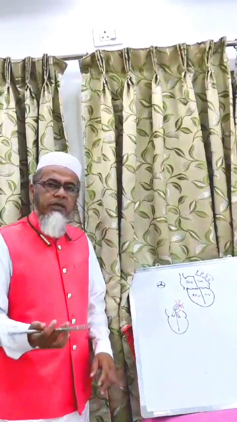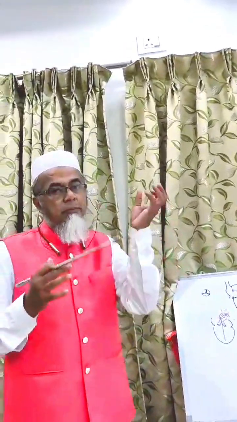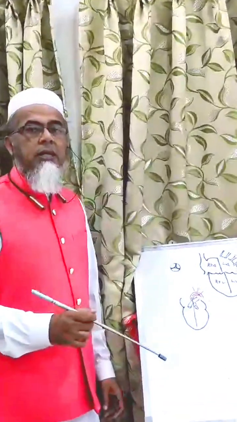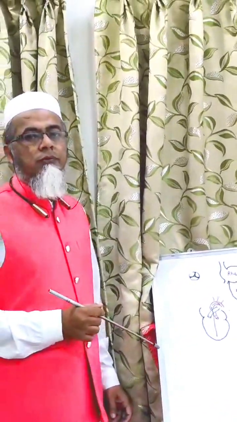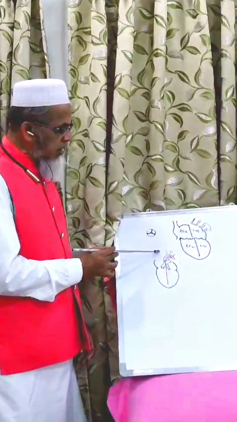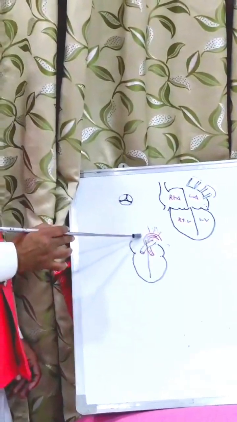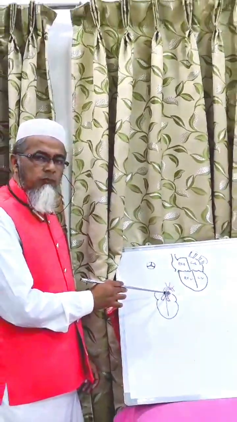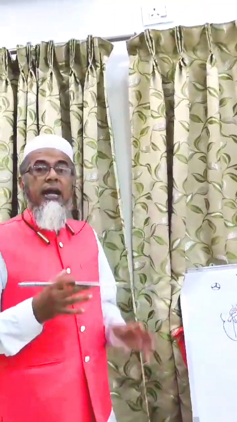The 100% of the blood will not pump out, and some amount of blood remains in the right ventricle. The amount of blood which remains in the right ventricle is known as residual volume. And the same amount of blood comes from the right atrium to the right ventricle, but 100% blood will not go. And that causes right ventricular hypertrophy.